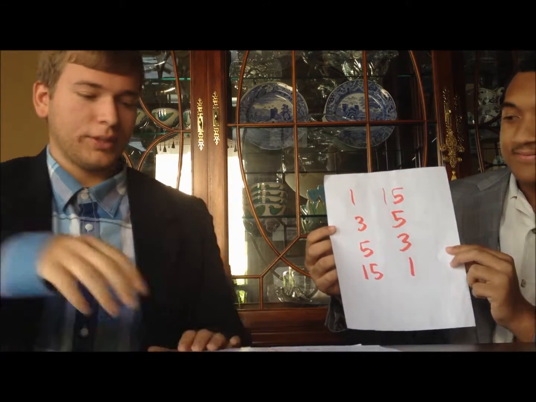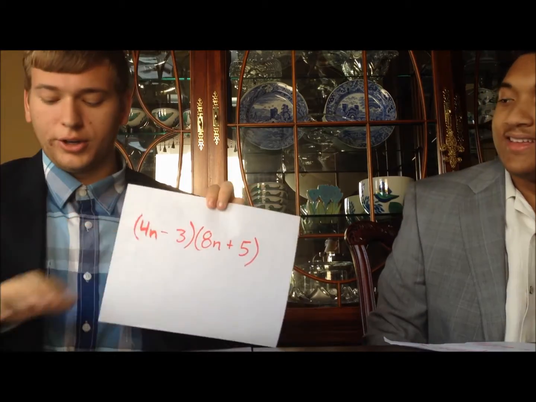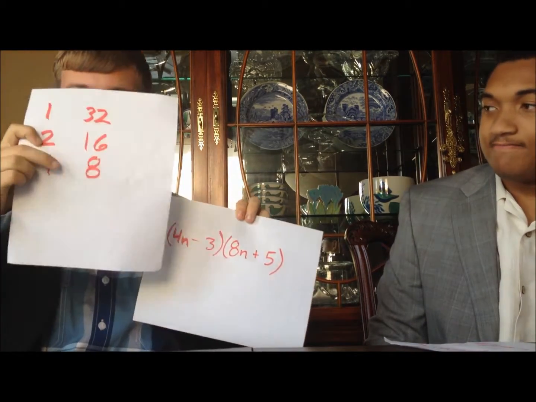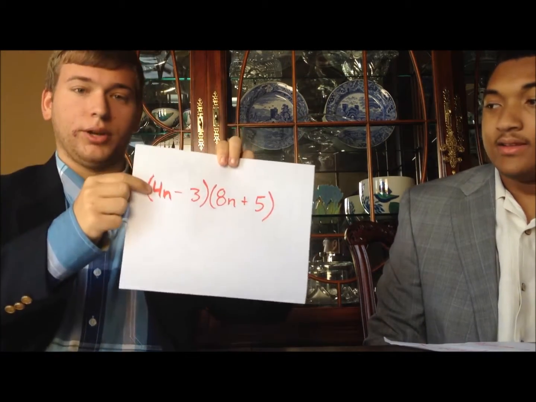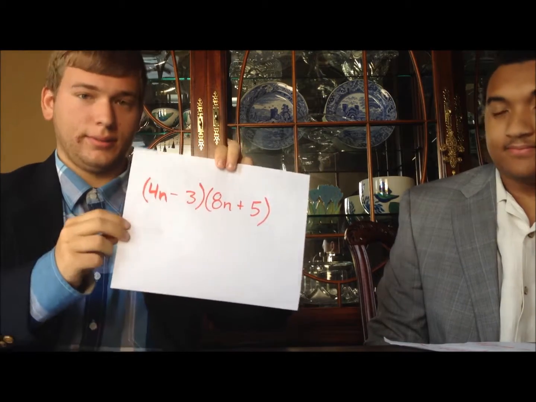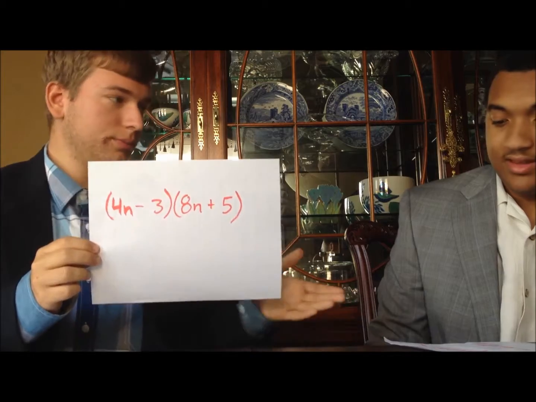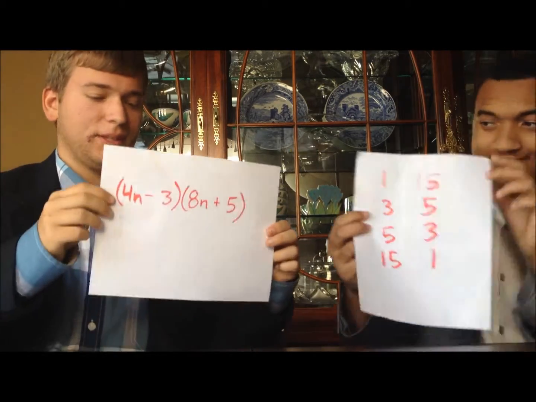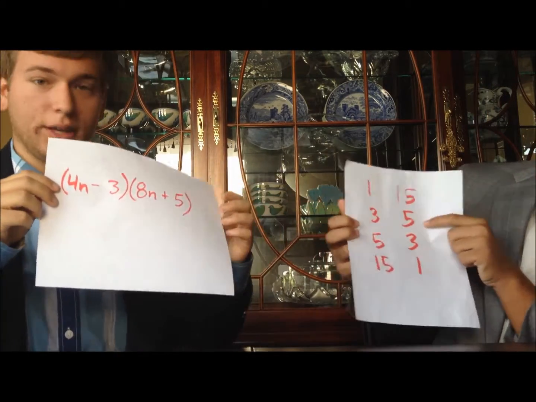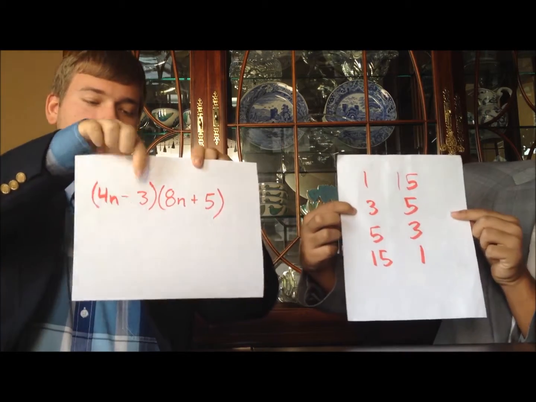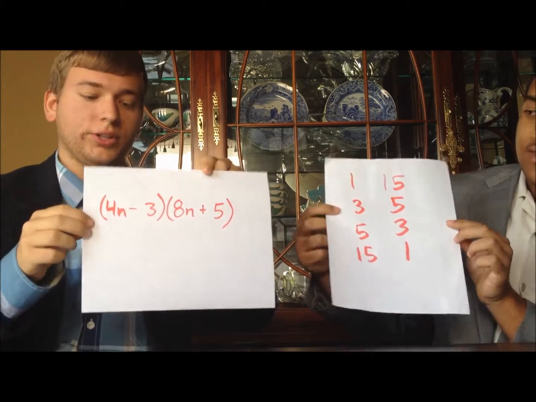So now, pretend I haven't already filled this chart out all the way. You're going to use your 4 and 8, and plug the 4 and 8 in. Then you're going to use your 3 and your 5, and plug them each into your function.